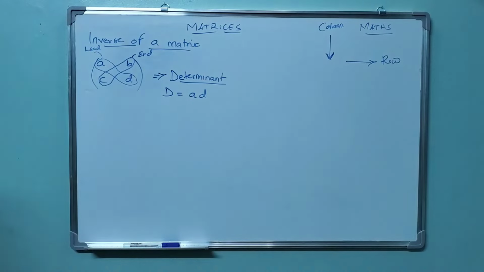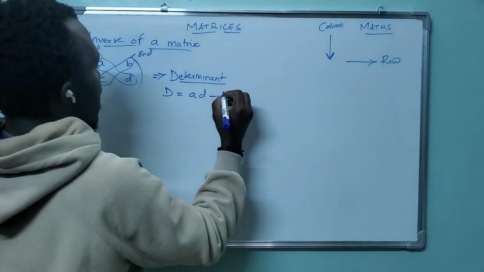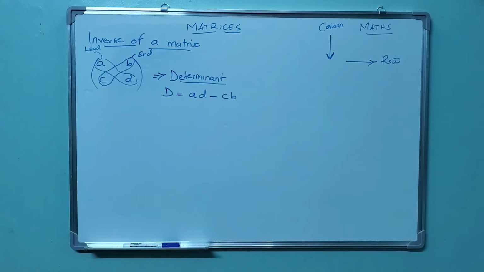The product of the lead diagonal, you get the difference from the product of the end diagonal, that is CB. And by doing that, I'll have my determinant. Once you've identified the determinant, this is now where the inverse begins.